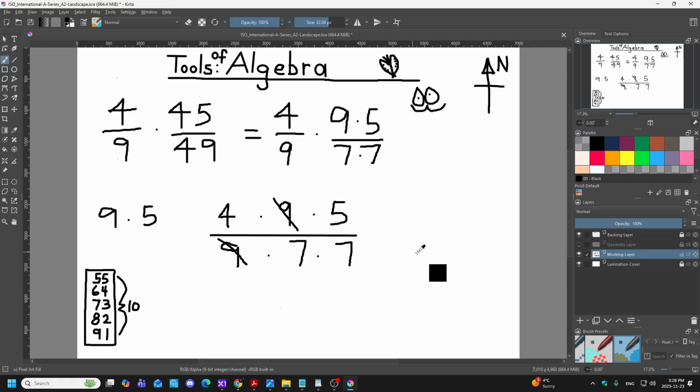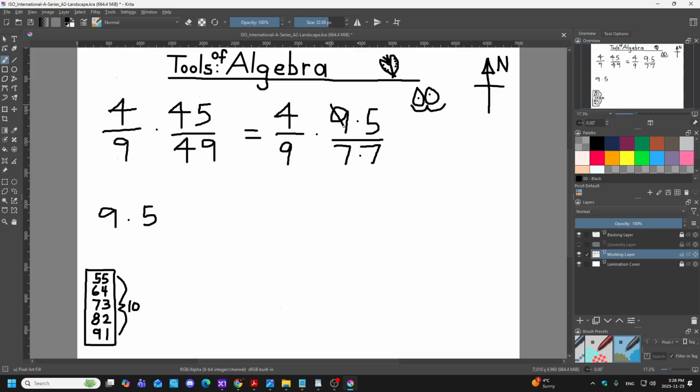Okay, so with that said, canceling my 9s, I'm just going to go like this. What we're left with is 4 times 5. We're cleaning things up and simplifying. That's what we're doing.